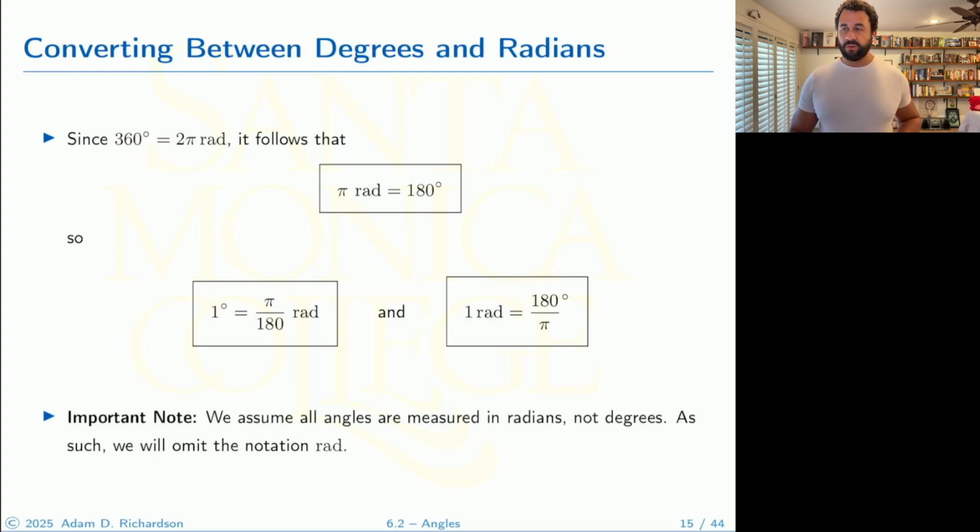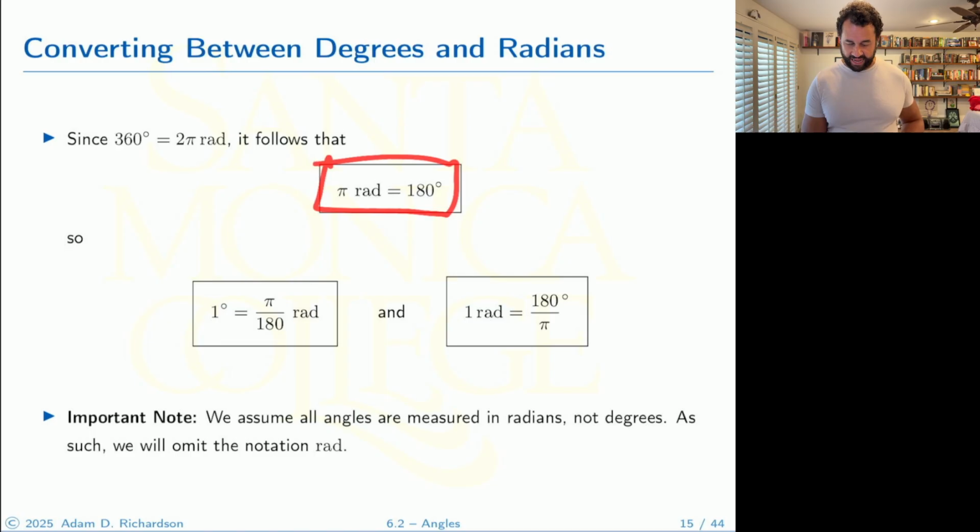Okay, so like you had kind of seen in the picture, we can convert between degrees and radians, and that picture is one of the things that's going to help us do that. So 360 degrees is a full revolution, and 2 pi radians was also a full revolution. So we have this equality right here. 360 degrees is 2 pi radians. And from that equation, it follows that pi radians is 180 degrees.